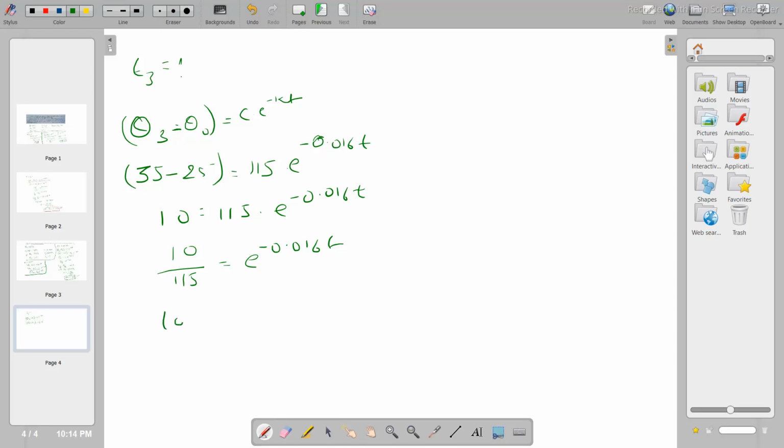Now log will come here: log 10 by 115 is equal to minus 0.016 t. Now log 10 by 115 is minus 1.06. So we will get the value of t as minus 1.06 divided by minus 0.016. So what is the value we are getting?